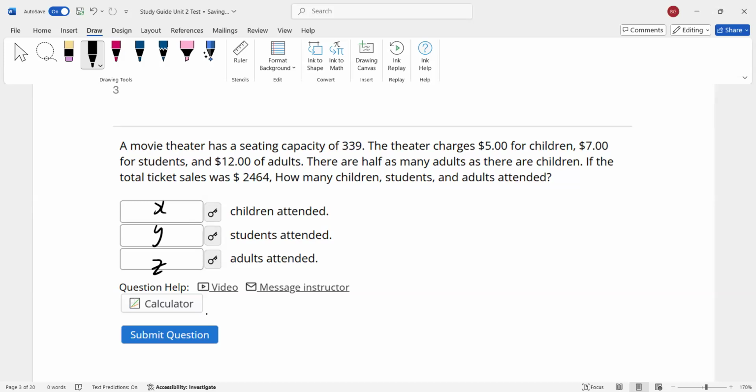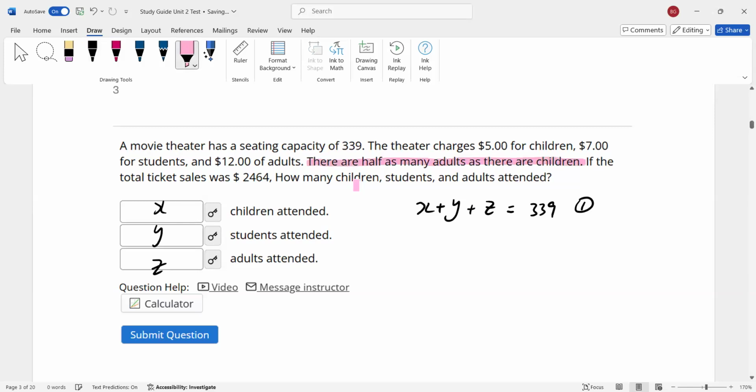Use x to represent the number of children who attended the theater. y represents the number of students. z represents the number of adults who attended the theater. All right, capacity. We assume on that day the capacity was met. x plus y plus z equals 339. That's the first equation. We have 3 variables. We need 3 equations. Second equation, we can use this piece of information.